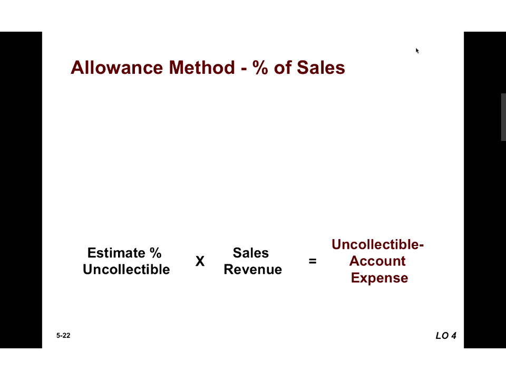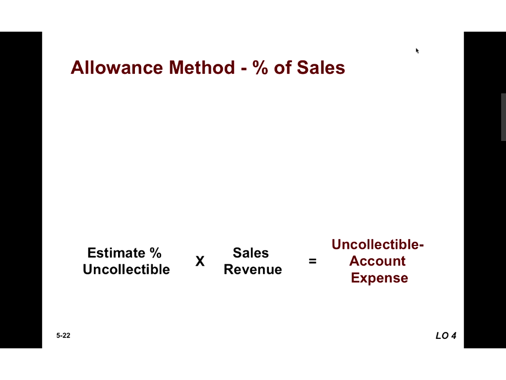This is where companies put a lot of effort into estimating what that percentage is, but they come up with this uncollectible account expense.